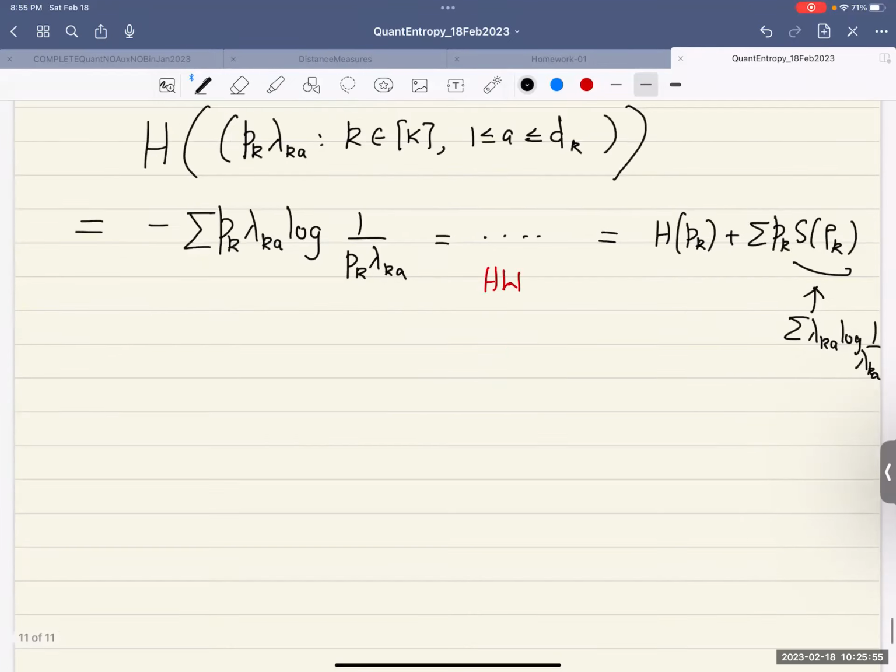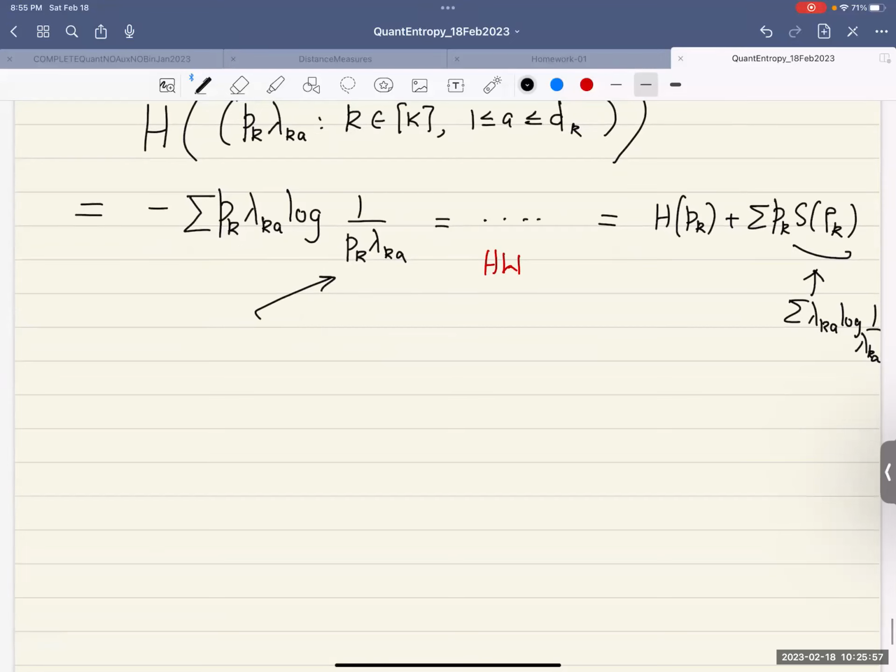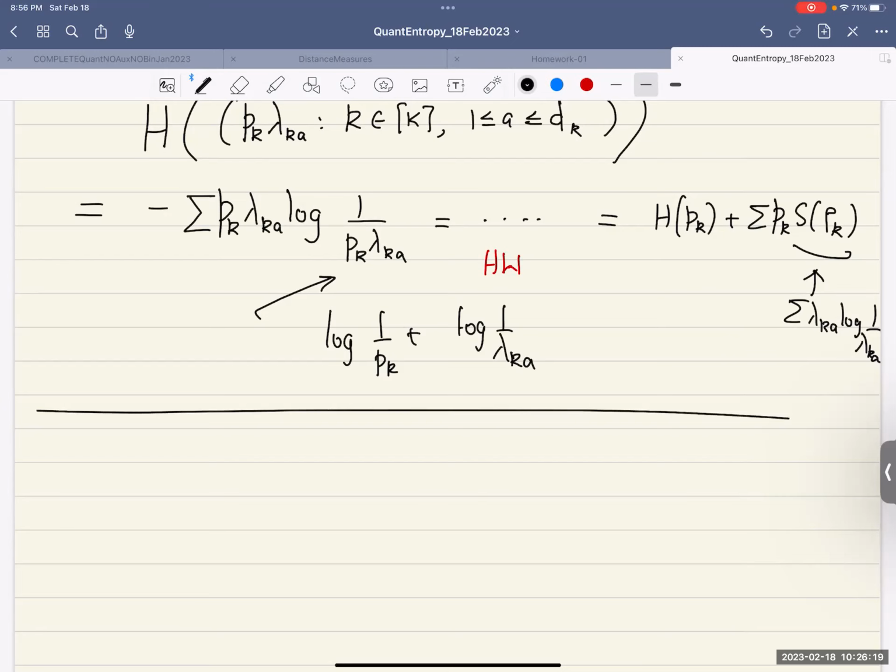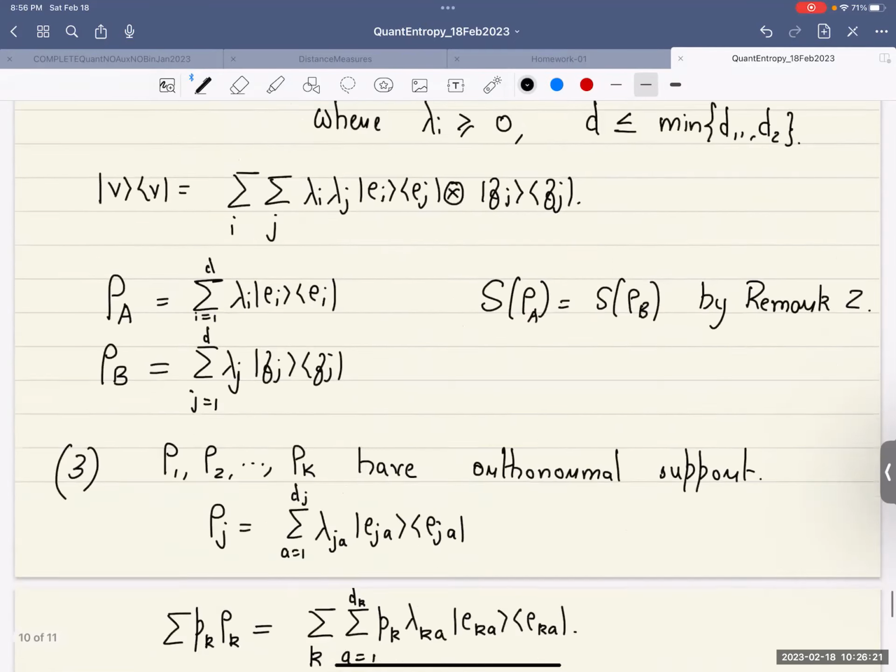Just split this log into two parts. You split it as log 1 by p_k plus log 1 by lambda_ka. In the first part, you will sum over a and you will get H of p. In the second part, you will sum over k and you're going to get p_k S of rho_k. Okay, straightforward. The fourth part is also just a straightforward extension.